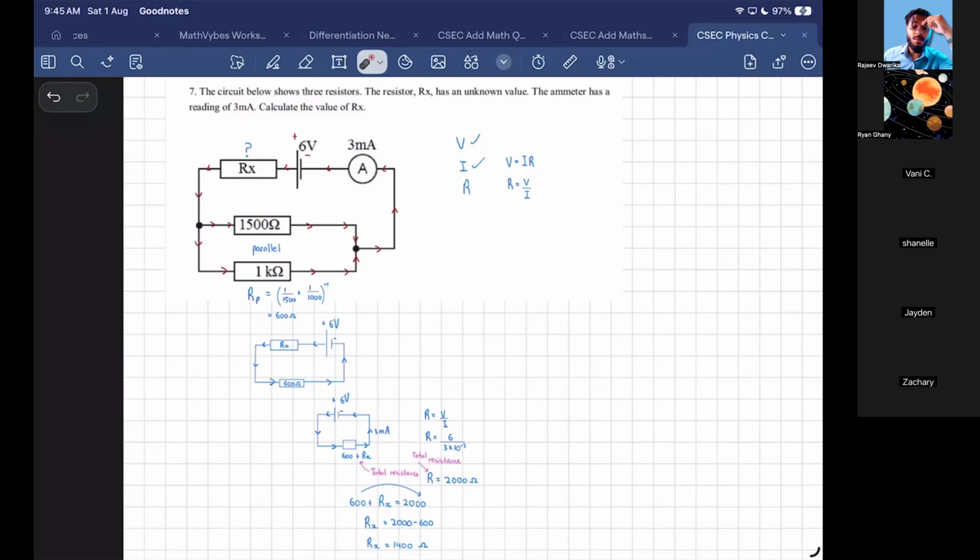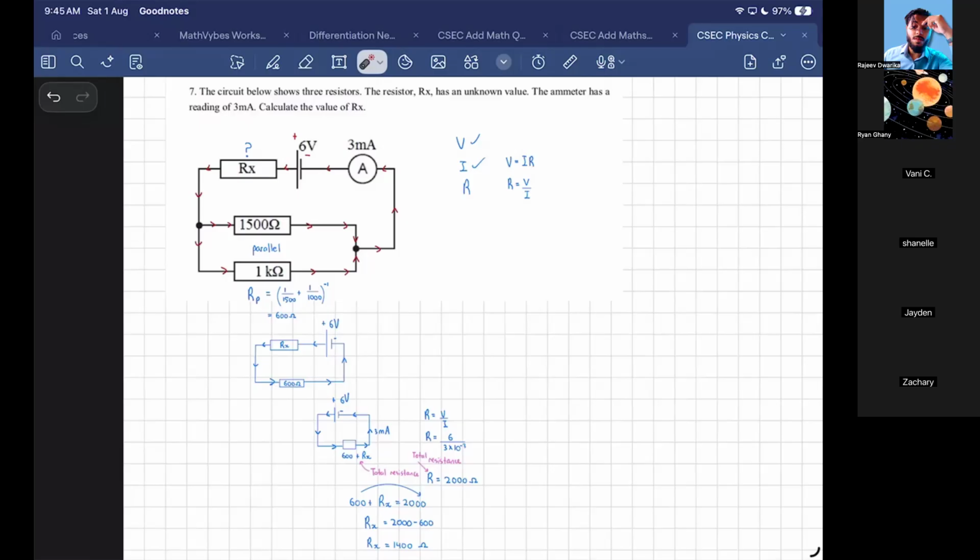Let me tell you, I want you to develop the vocabulary. So Rx is in series with the combination of the parallel resistors. Say that. Rx is in series with the combination of what? The resistors in parallel.